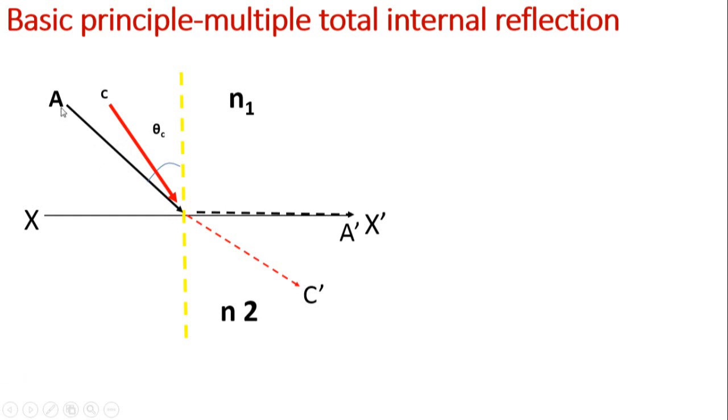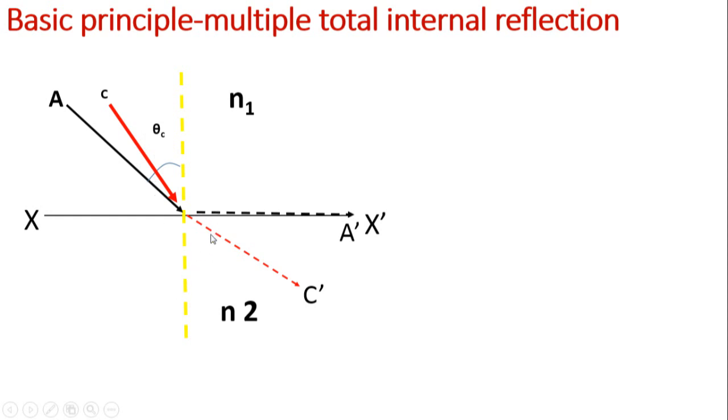What happens? The ray A is incident at a point O with a certain angle, theta C. Theta C means critical angle of incidence. Here the ray bends away from the normal.